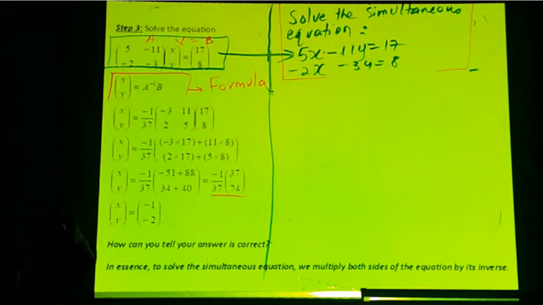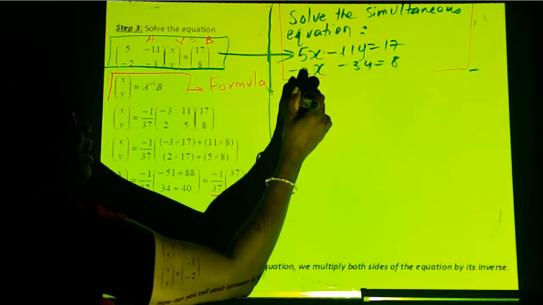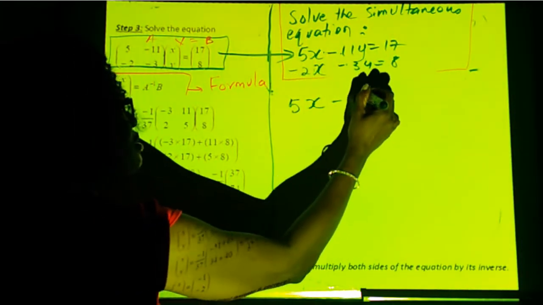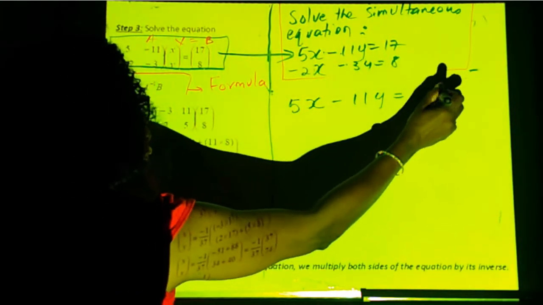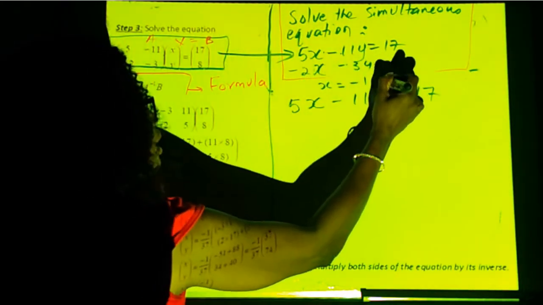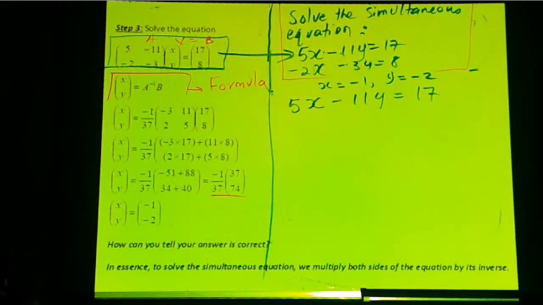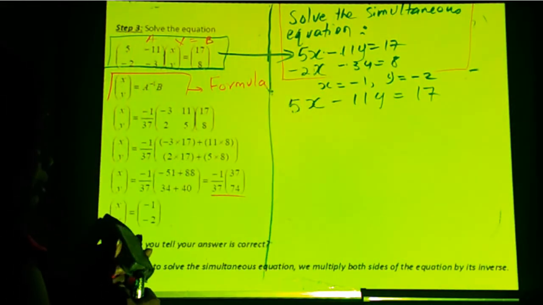And I'll just do one for you, but you can check the other when you have a little time. It says 5x minus 11y equals 17, and we said that x is equal to negative 1 and y equals negative 2. That's what we found the values of x and y to be. Remember, 5x means 5 times x.